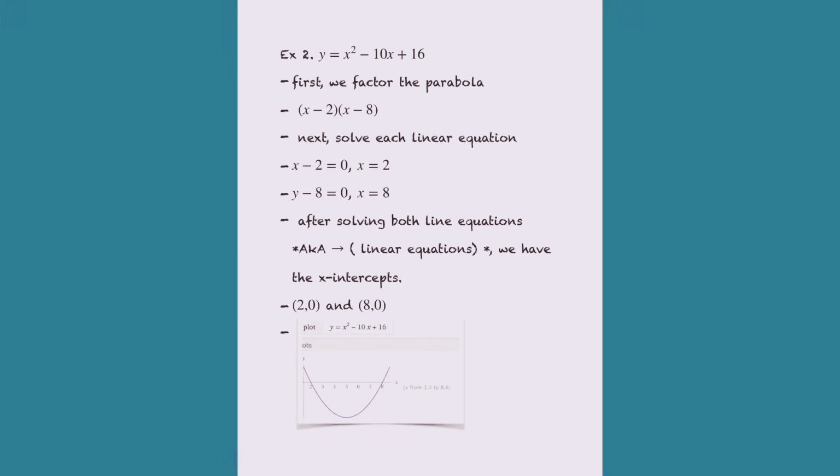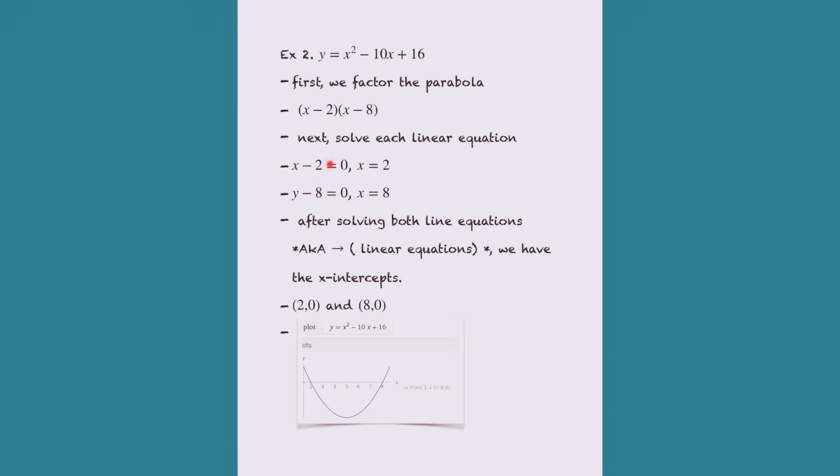Okay, so here we have another one. x squared minus 10x plus 16. This parabola is in general form, so we have to get it in factored form. First we factor the parabola. When we do, we get x minus 2, x minus 8. Next we solve each line equation.